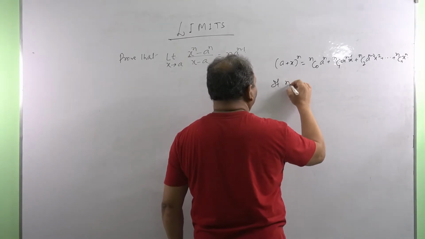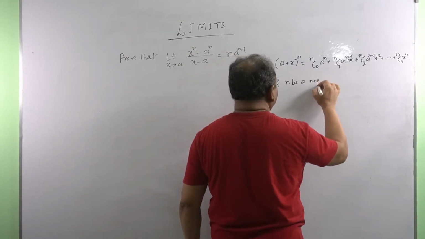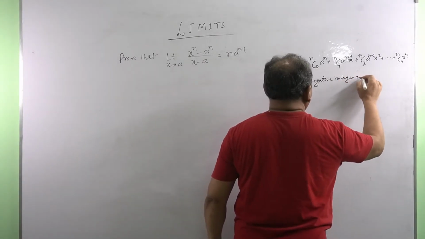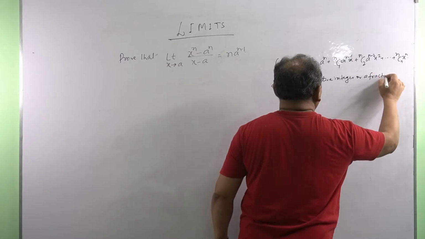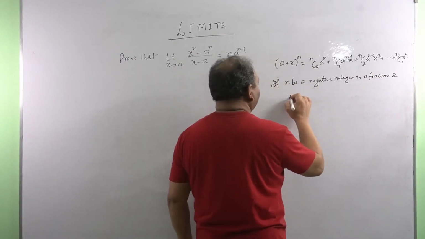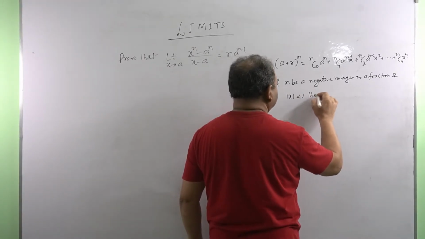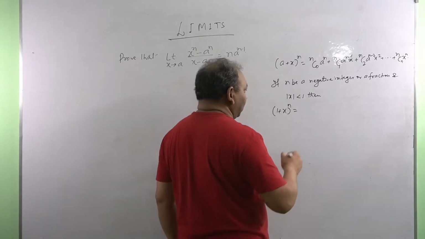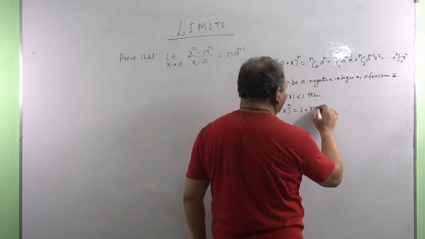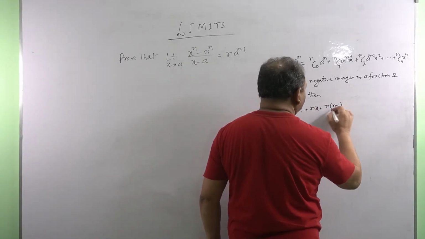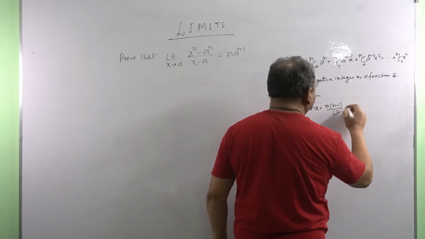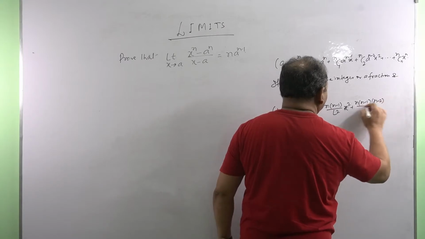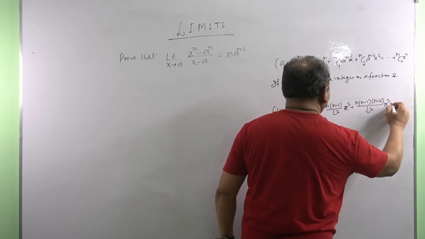If n be a negative integer or a fraction and mod of x less than 1, then (1 plus x) to the power n can be written as 1 plus nx plus n into n minus 1 upon 2 factorial x square plus n into n minus 1 into n minus 2 upon 3 factorial x cube plus dot dot to infinity.